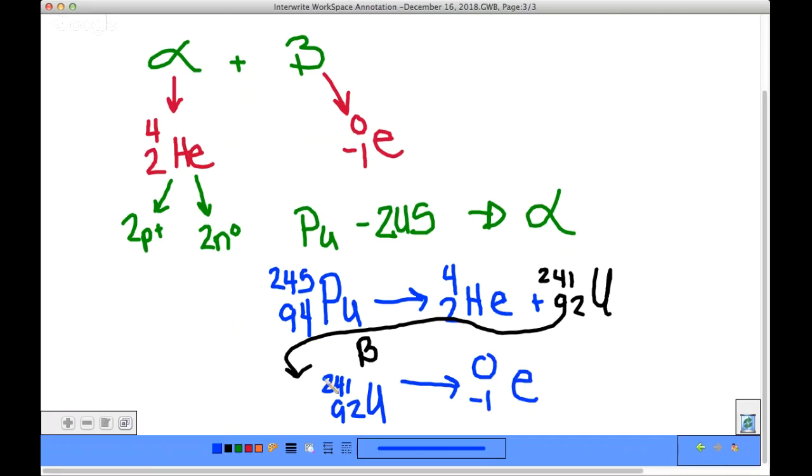And again, we still want our tops and our bottoms to be equal. Because this is 0 right here, this is not going to change, so it's still 241. But what plus -1 is going to equal 92? The answer is 93. And that gives us neptunium, which is Np.